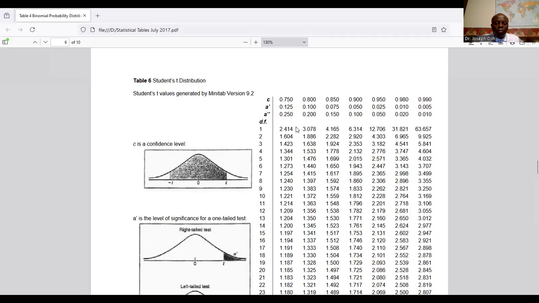Under 7 degrees of freedom and alpha 0.10, it's 1.415. Put that there: 1.415.